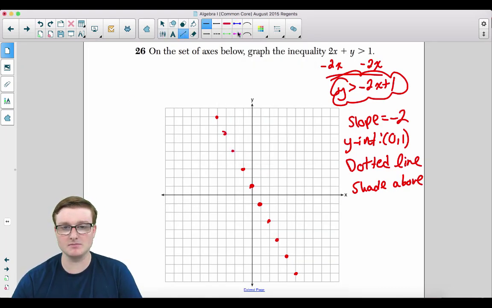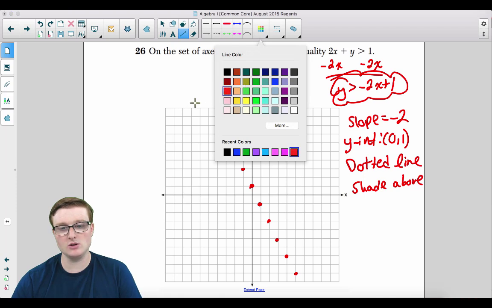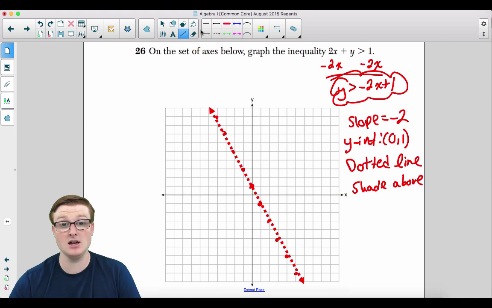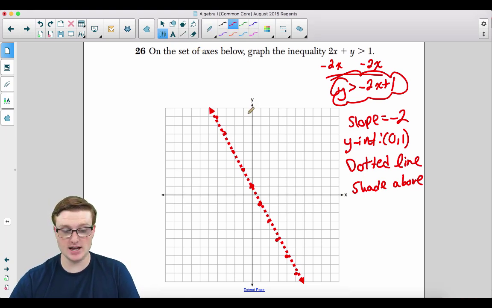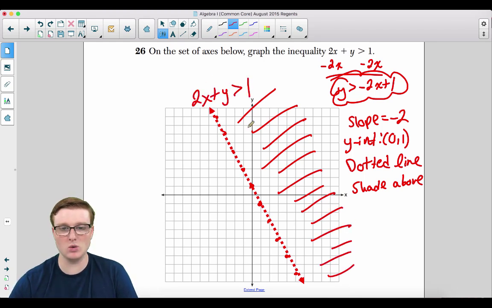In this case, I do have a nice dotted line here. You connect all of these points, and it has to be dotted because it is greater than. And we are shading above, like that, and just label 2x plus y is greater than 1. You are done with that question.